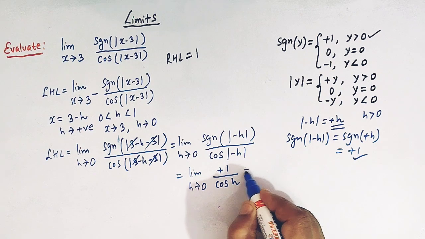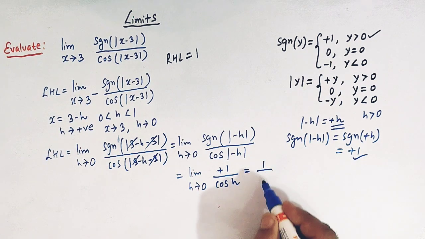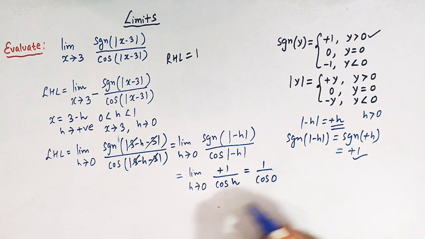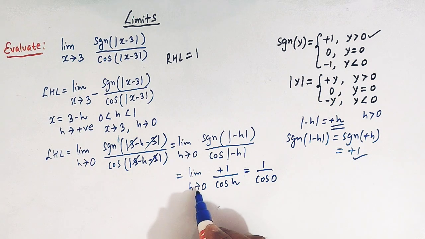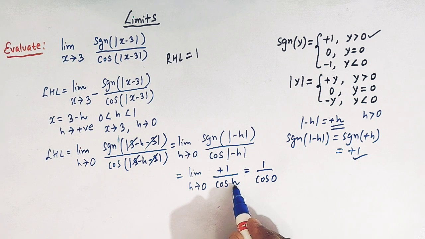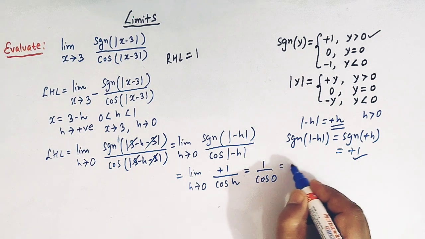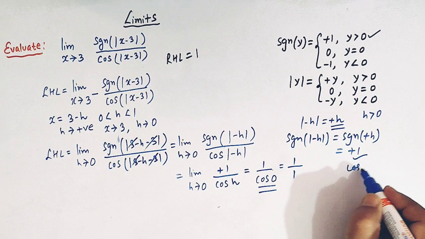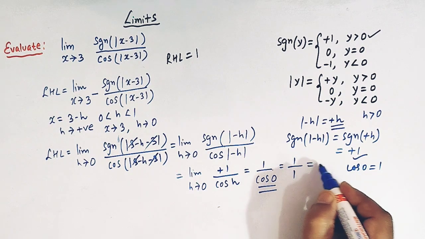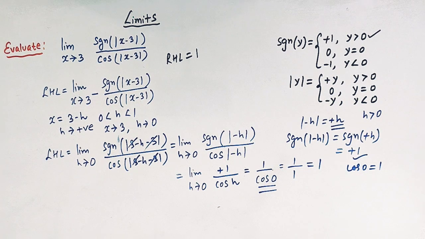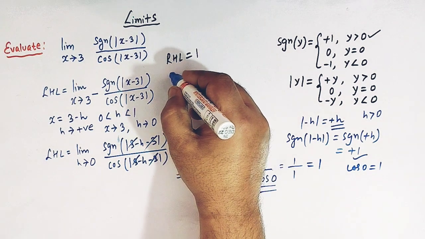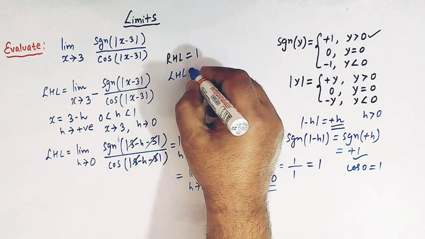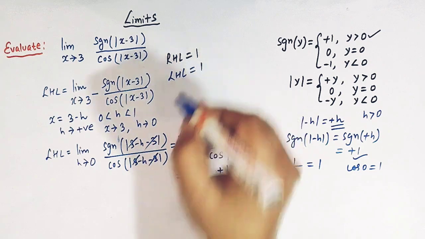And now we have 1 over cosine of 0, because we can take h equal to 0 over here, and we have 1 over 1 because cos 0 is equal to 1. So this is equal to 1, right? So now the left hand limit is equal to 1, right?